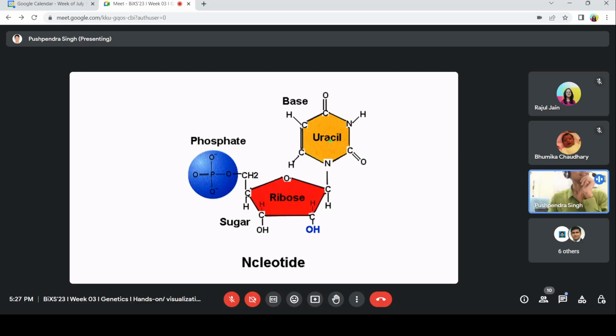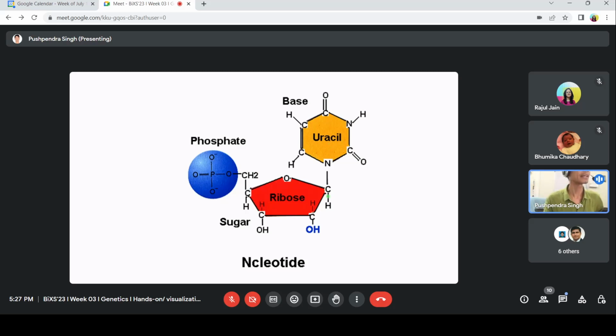Since it is uracil, can anyone tell me if we are looking at the structure of DNA or RNA? If it is uracil, I think someone from class 12th, yes, it is RNA because it is uracil.